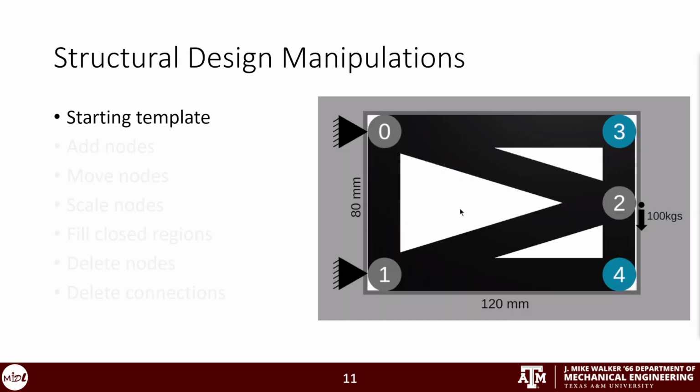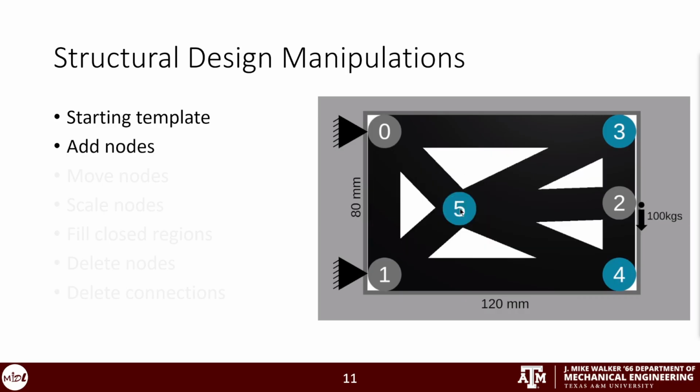Now let's take a look at how we can manipulate the graph and therefore the structure to create different variations of the structure. So we start with the template as it ensures that every user begins from the same starting point. From there, users can add new nodes anywhere within the design region, and the graph automatically updates in real time.